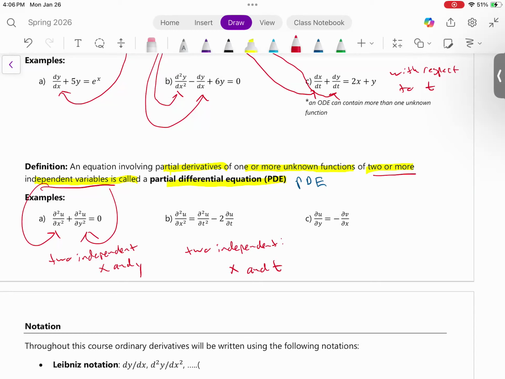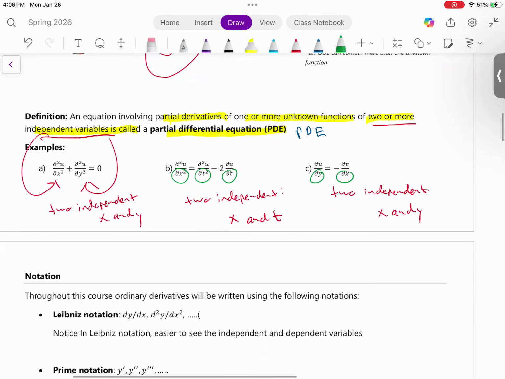And same thing for C, two independent variables, x and y. Okay, we have a bunch of independent variables going on. So that's what makes it a partial differential equation. More than one independent variable, meaning like derivative with respect to.